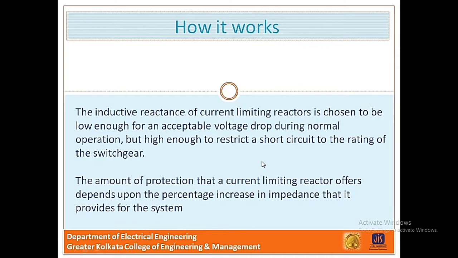Okay. So in normal operating condition, the voltage drop should be as low as possible. This is the first concern in designing a current limiting reactor, and the protection it offers depends upon the percentage increase in impedance that it provides for the system.